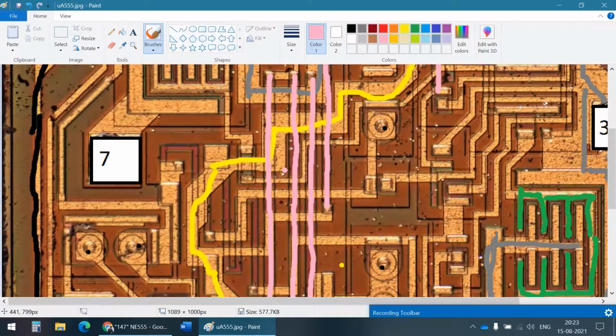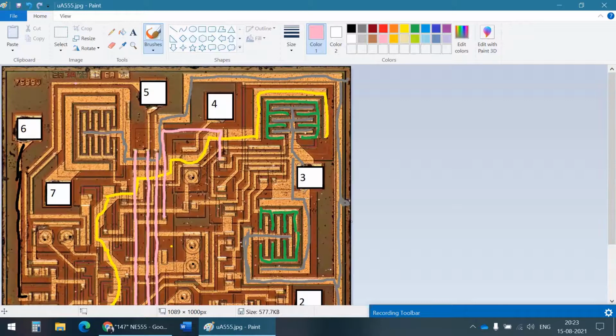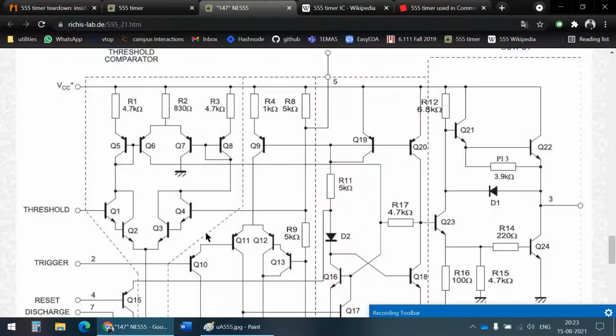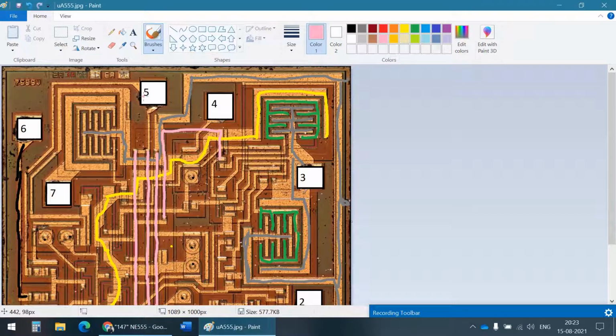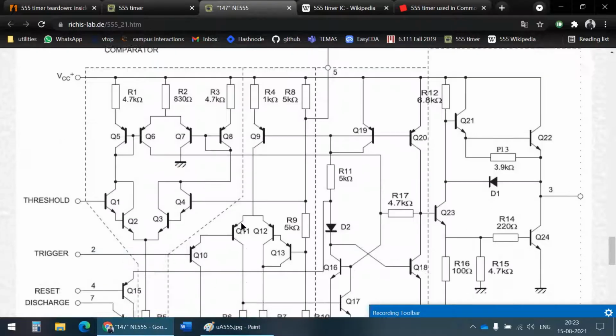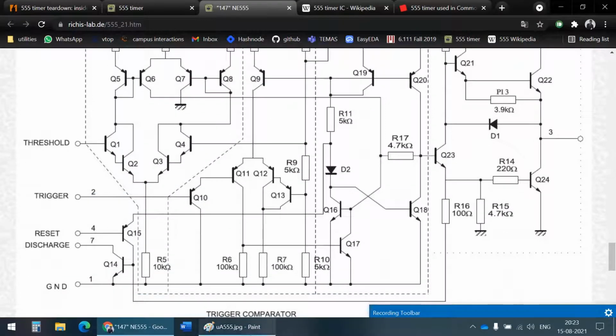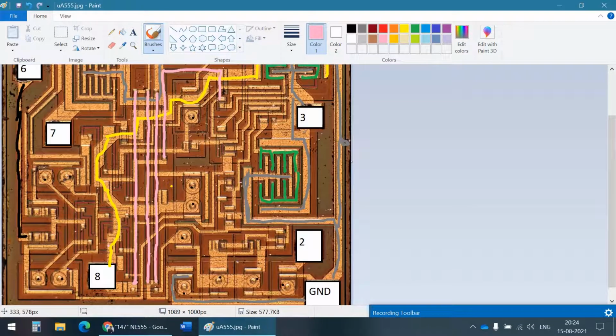We've identified those. Now what else can we identify? What's pin 5? Forgot what pin 5 was. Pin 5 is control voltage. We identified that. We saw that it is connected here to this transistor. This was these 4 transistors. Then pin 7 is the discharge pin, right? Which is connected to Q14. So we identified this as Q14. Q8 was VCC.